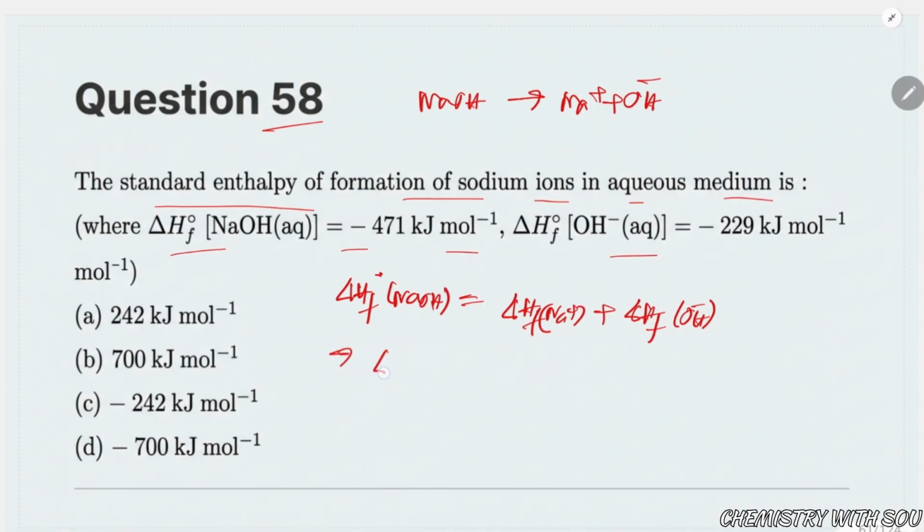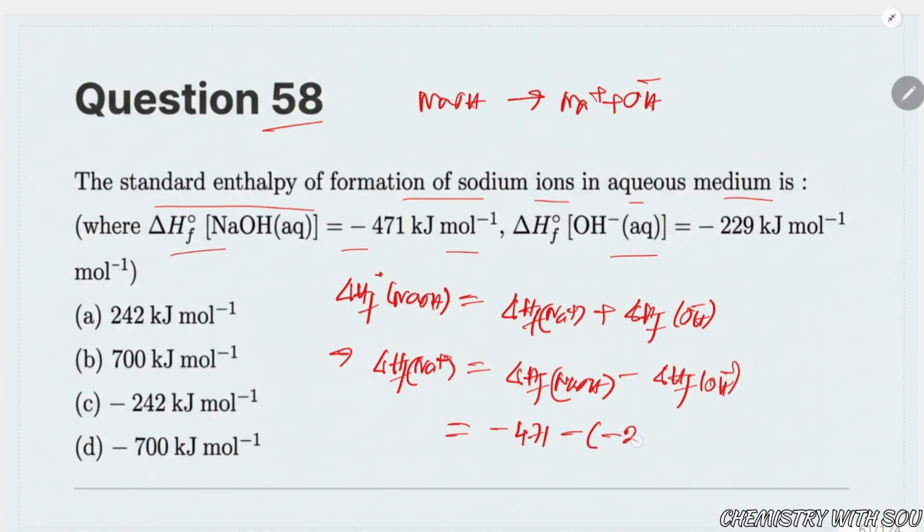So from that expression, heat of formation of Na plus will be heat of formation of NaOH minus heat of formation of OH minus. So for NaOH, this is minus 471 kJ mol inverse, minus of OH minus, this is minus 229. So the final value is minus 242 kJ mol inverse. Answer is C.